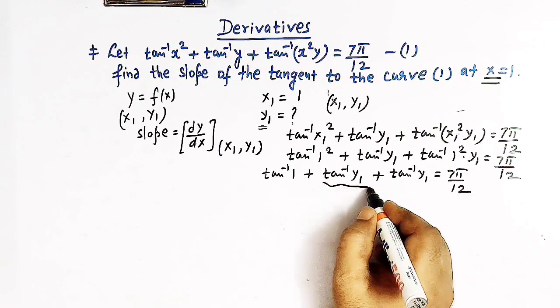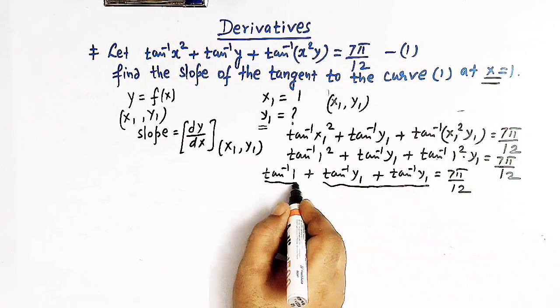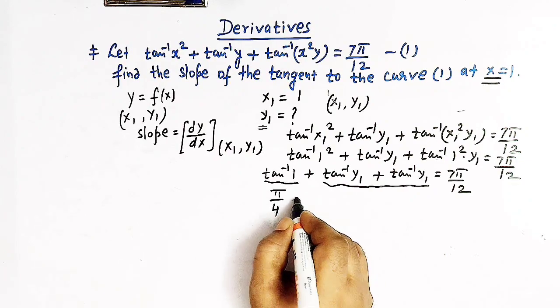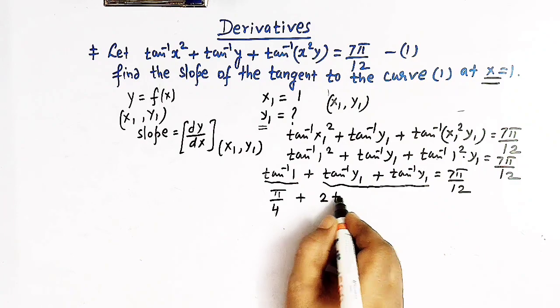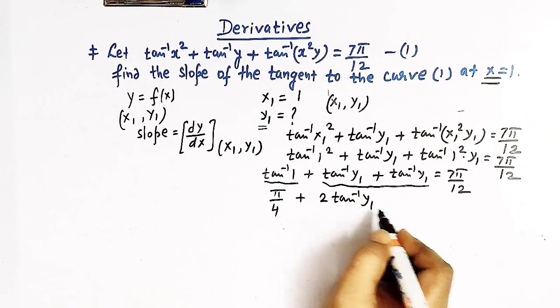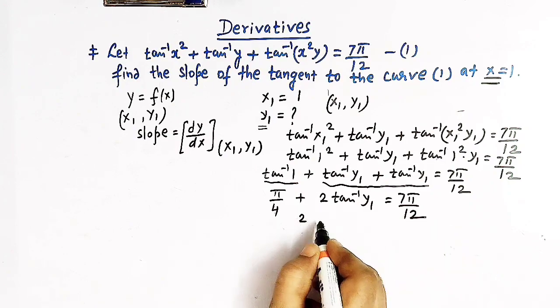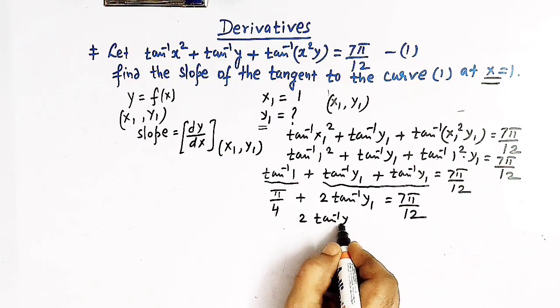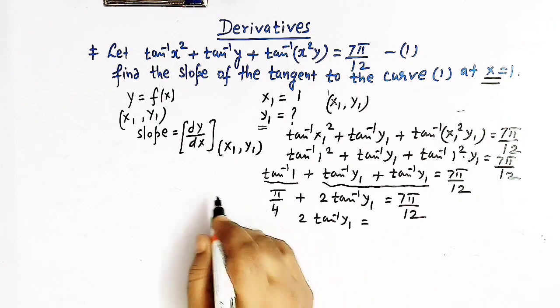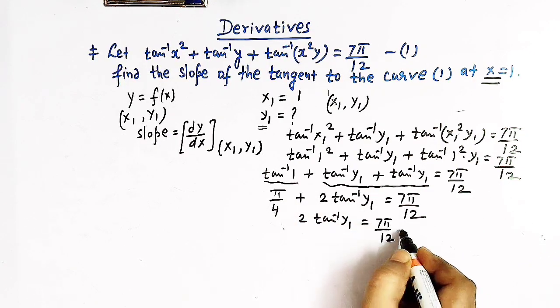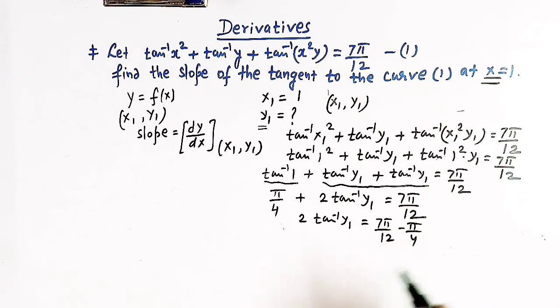These two terms get added, and tan inverse 1 is pi by 4, so we have 2 times tan inverse of y1 plus pi by 4 equal to 7 pi by 12. Taking pi by 4 to the right hand side, we have 7 pi by 12 minus pi by 4.